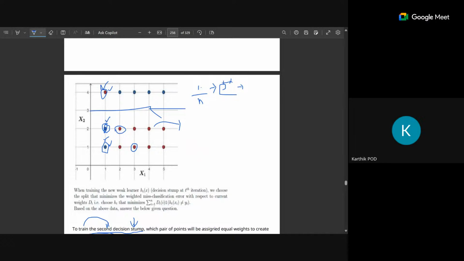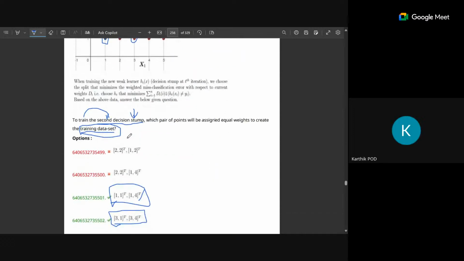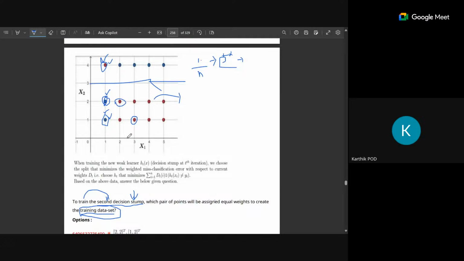So if you compute the weights, you'll do e power alpha into 0.3. Sorry, not 0.3. 0.3 is epsilon, and then you'll do half ln of (1 minus epsilon) by epsilon, and you'll get some alpha. So you'll do e power alpha into some value. How many points are there? 1, 2, 3, 4, 5.